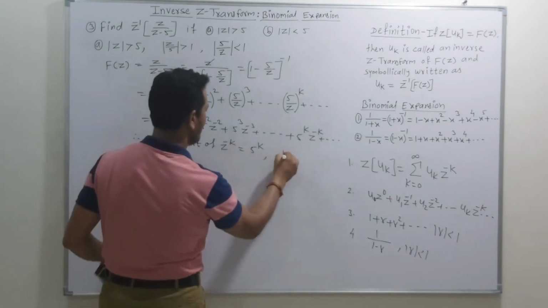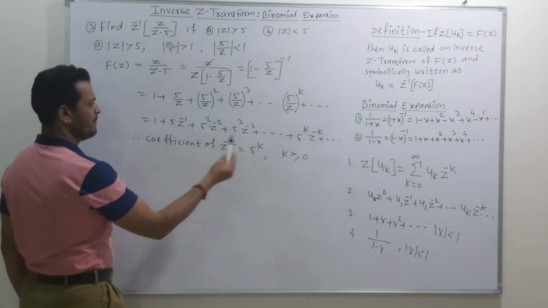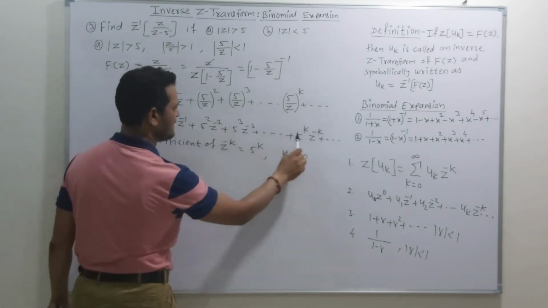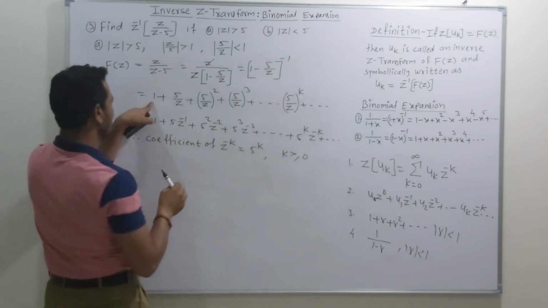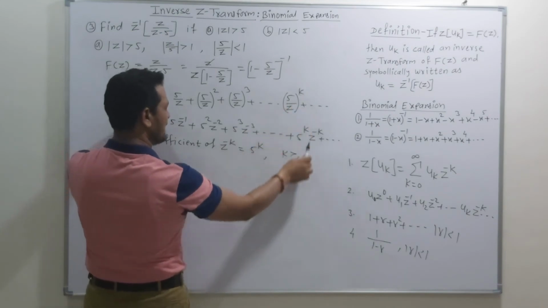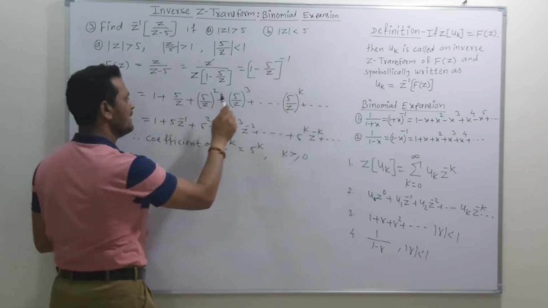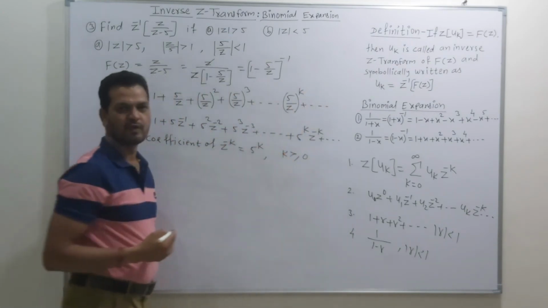So to get this term, k is greater than or equal to 0. That means for k equal to 0, in either this equation or this one, we get the value 1 as the first term. This is the term after putting k equal to 1, 2, 3, 4, and so on up to infinity. That's why k is greater than or equal to 0.